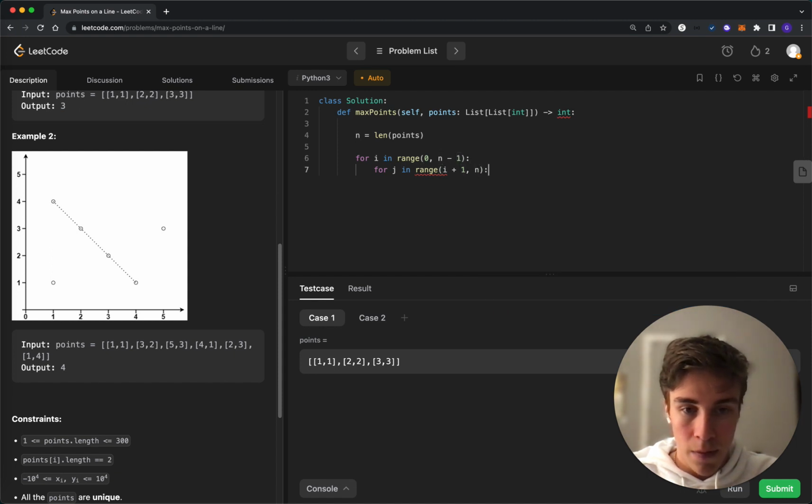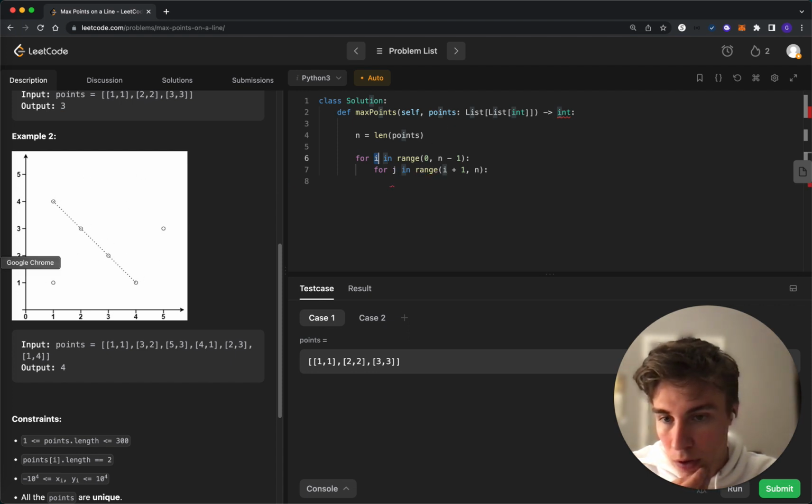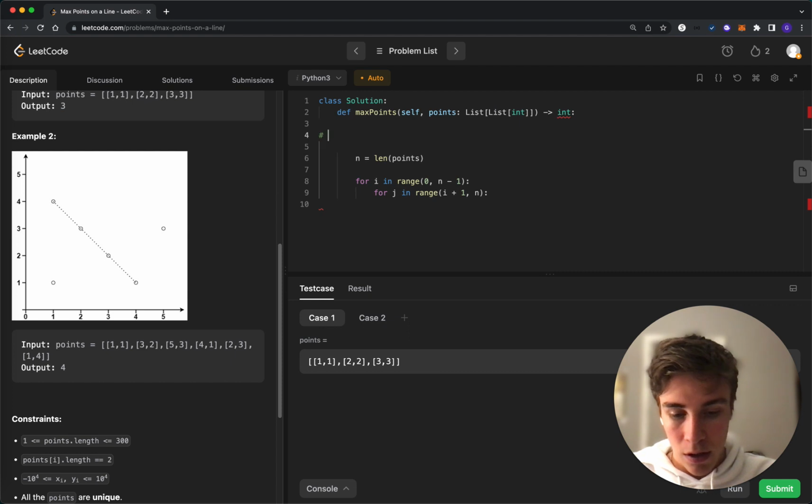This would just be n. If i is pointing at this point, and j is looking through all the other ones, why do I need to keep track of the intercept? Why do I need to keep track of this b number?